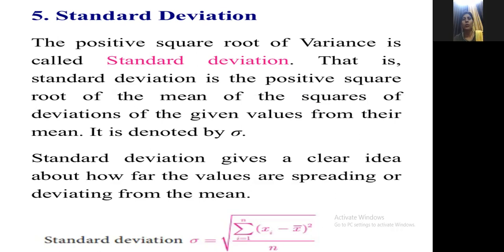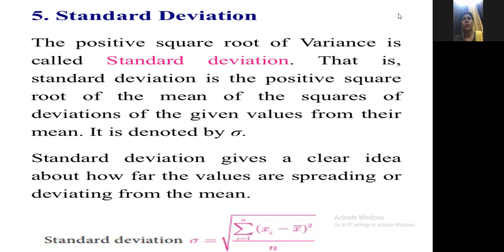So how we use it, what is the formula of this? The positive square root of variance. Standard deviation is related to variance. And what is that relation? We just do the square root of the variance. We do the same calculations and after calculating the variance, we just take the square root of the variance and we get the standard deviation.